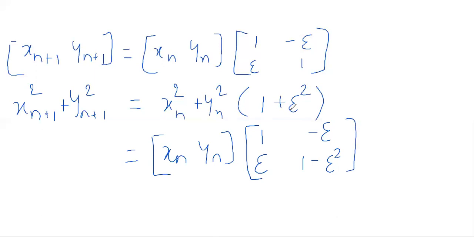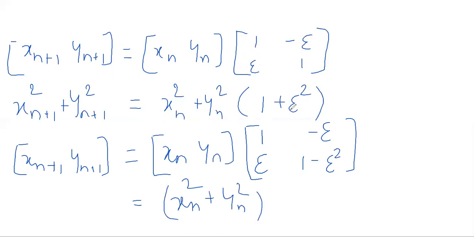Now calculate the determinant of each matrices. Fine. Sorry. Yn plus 1. Now calculate it. What you will get here? Xn square plus yn square over here. Calculate the determinant. xn plus 1 square plus yn plus 1 square.